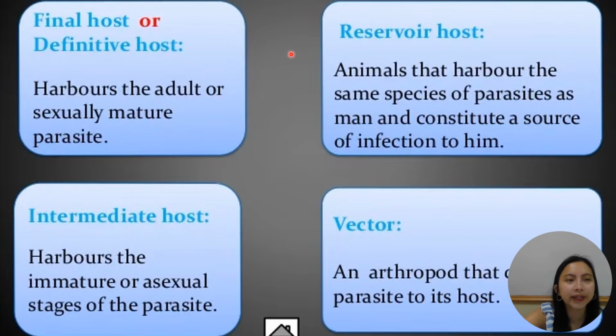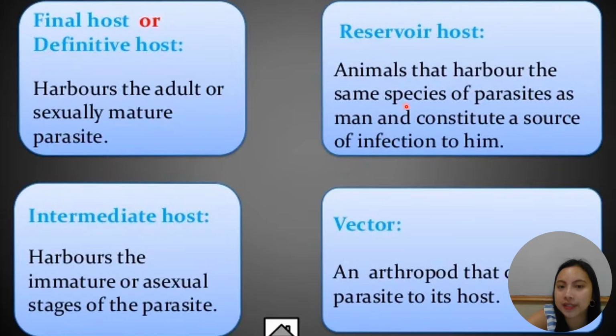All right, recap. A final host or definitive host harbors the sexually mature parasite. How about the intermediate host? It harbors the immature or asexual or larval stages of the parasite. How about the reservoir host?